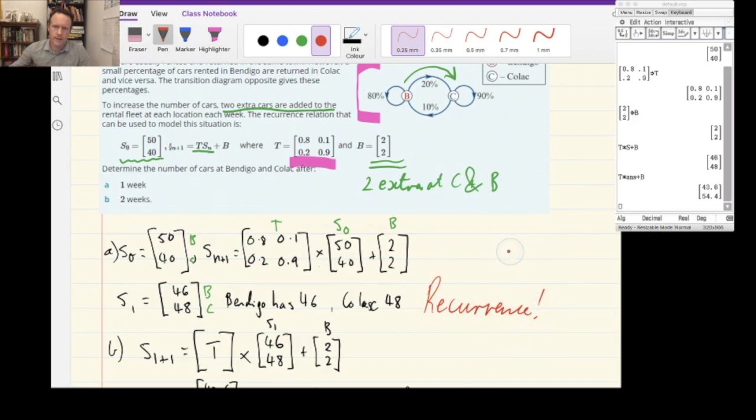We can't have T to the power of n times S0 plus B. What happens is that you get the powers of the matrix, but you're not actually applying the B every time you apply the power. So that is not an option when we have a B involved. Hopefully that helps out everyone a little bit.